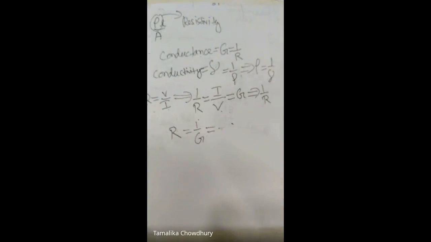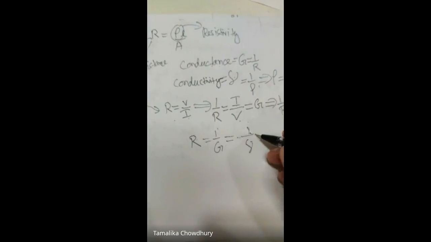From here we get rho equals 1 by gamma. So in place of rho here, I can write 1 by gamma L by A, and this can be written as L by gamma A. Is it clear? Tell me if anything is not clear.